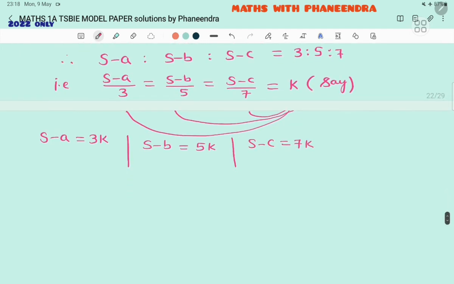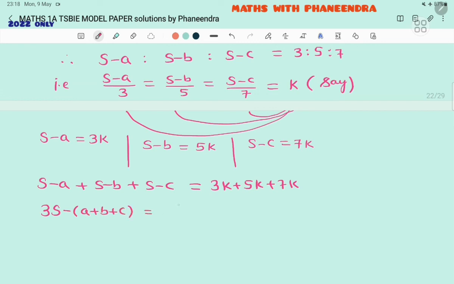So add all values, making S the subject. So S minus A plus S minus B plus S minus C is equal to 3K plus 5K plus 7K. S plus S plus S, 3S minus of (A plus B plus C) is equal to 15K.